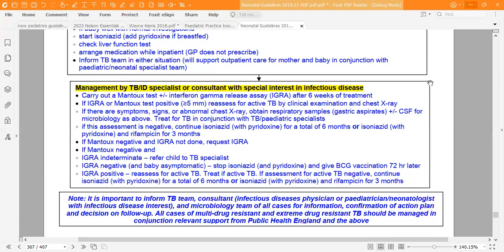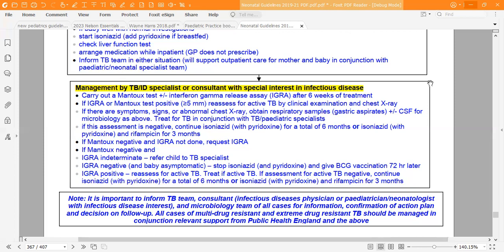If there are symptoms, signs, or abnormal chest X-ray, we obtain respiratory samples, look for a gastric aspirate, plus or minus CSF for microbiology, and treat for TB in conjunction with the TB pediatric specialist. If this assessment is negative, continue isoniazid with pyridoxine for a total of 6 months.